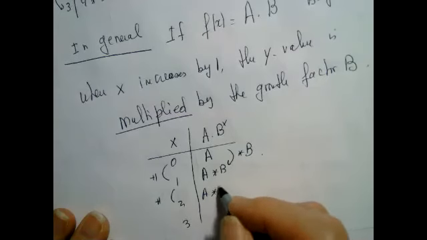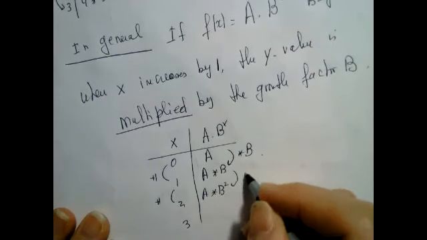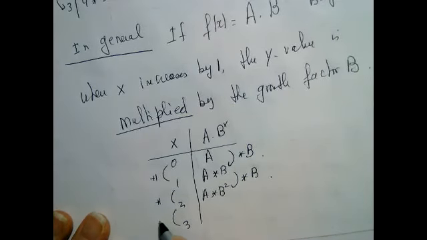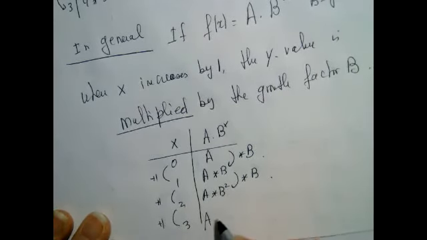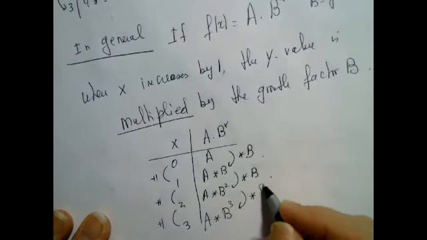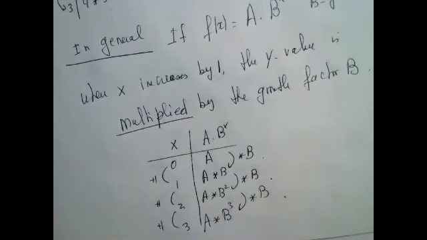This is a b squared. We multiply by b. So every time my x is increasing by 1, my y is multiplied by b. So in terms of value, that's really what's happening in the exponential function. Okay.